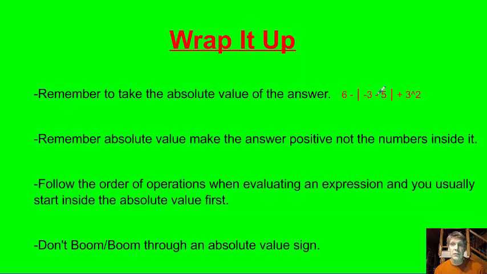I'd do what's inside it, then take the absolute value, and then I do the power. Right here, remember the caret means the power. And then I do 6 minus that answer plus 9. So follow the order of operations. And don't go boom, boom through absolute value. You can't do that. You've got to get the answer, take the absolute value, and then you can do your boom, boom. So get the absolute value done. All right, that's it. Good luck.